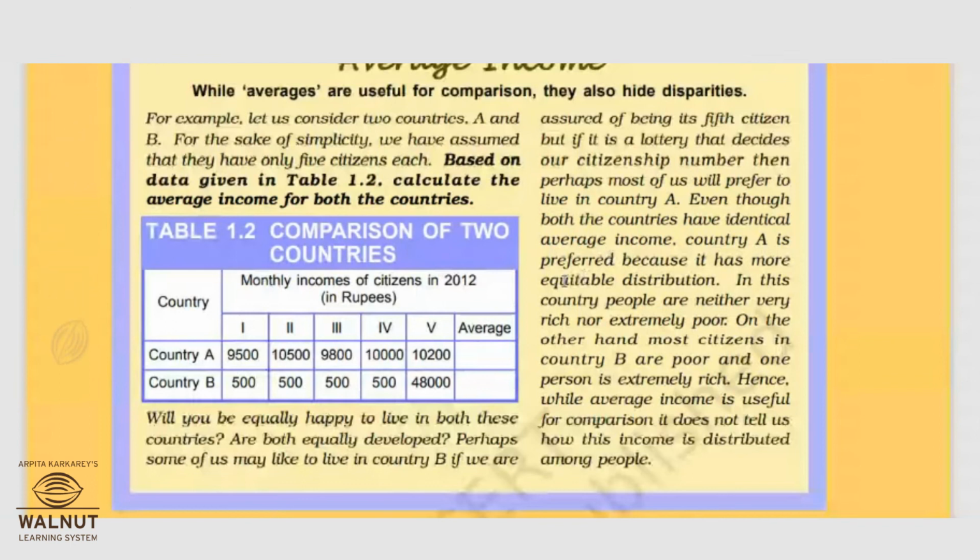Yeah, so ma'am, the second question is, why do you think average income is an important criterion for development? And the sixth question is, why do we use averages? Are there any limitations to their use? Illustrate with your own examples related to development.